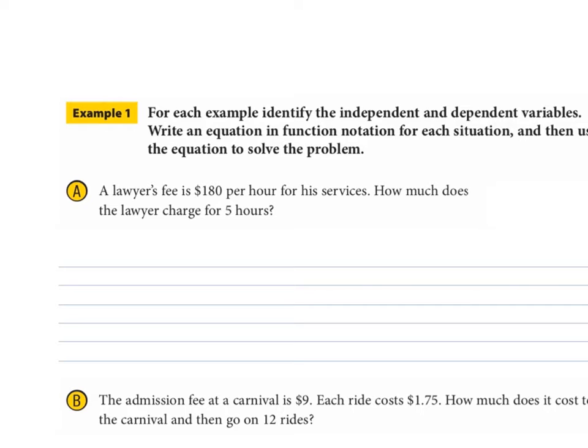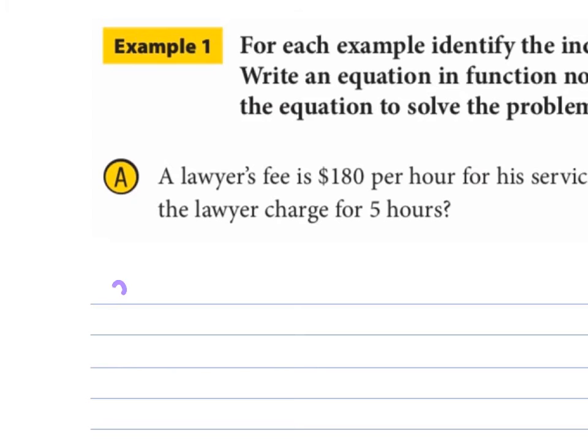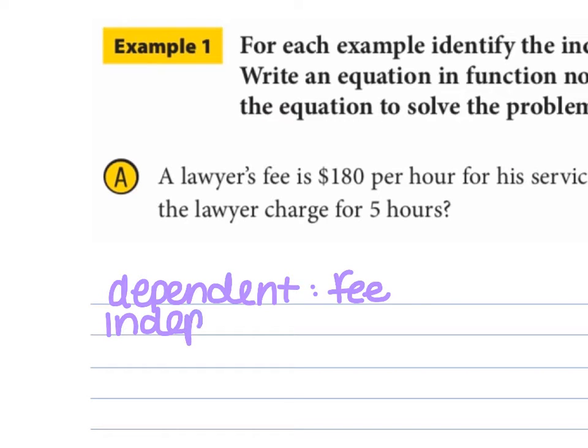Our dependent is the fee that's charged because that depends on the amount of hours he works. The independent is the hours worked.